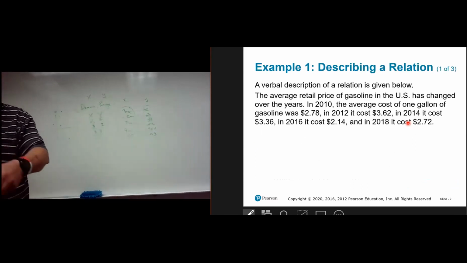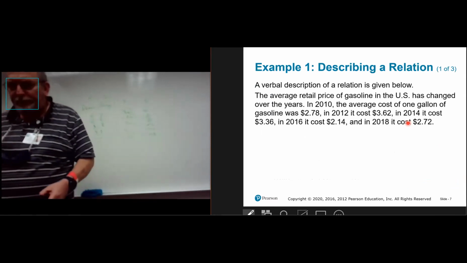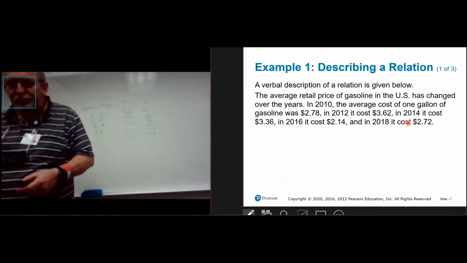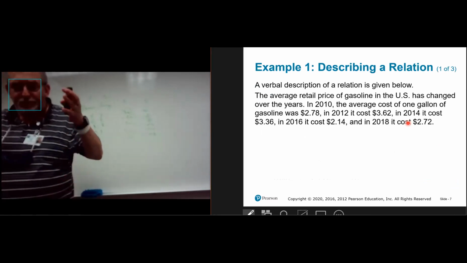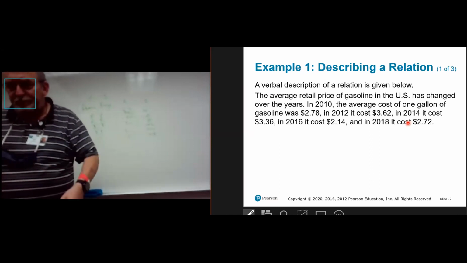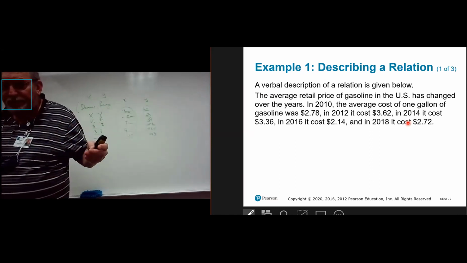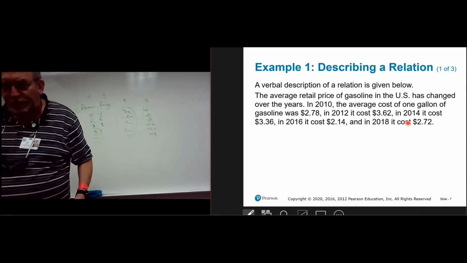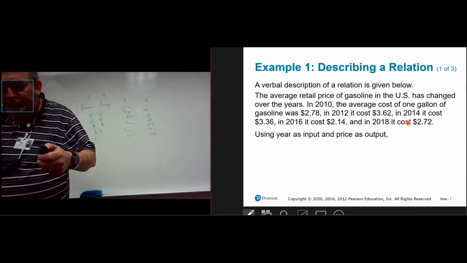So here's a relation where the average retail price has changed over the years. That's the setup telling you we're dealing with years and gas prices. So in 2010, the average gas price was $2.78. So here it is describing it verbally. And now they're going to describe it.